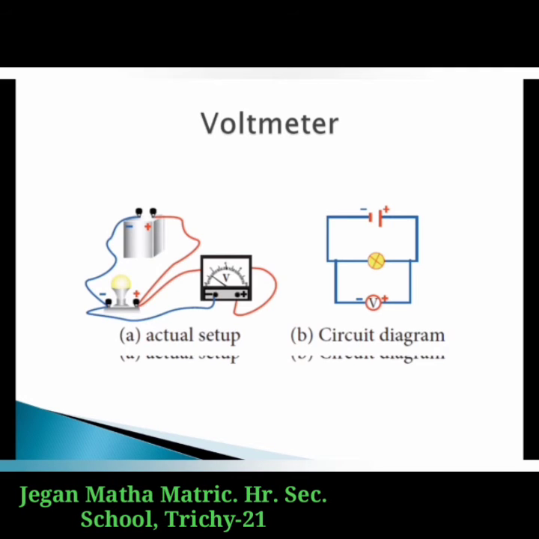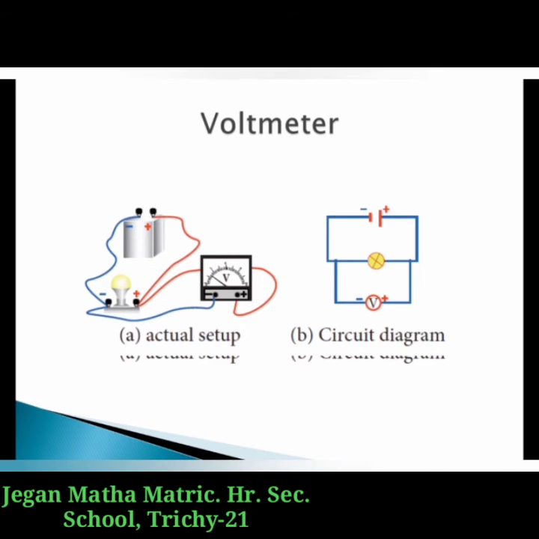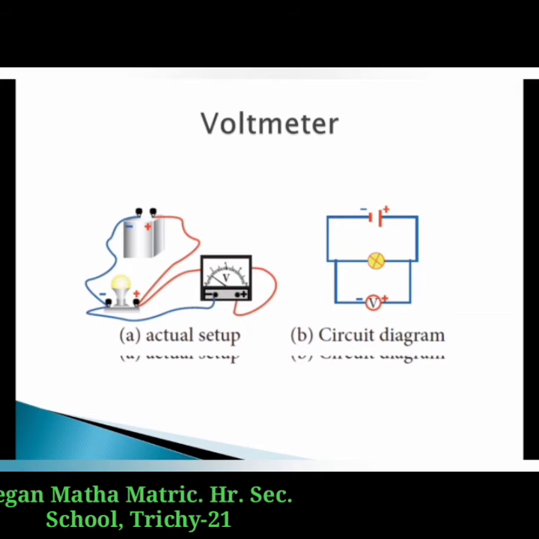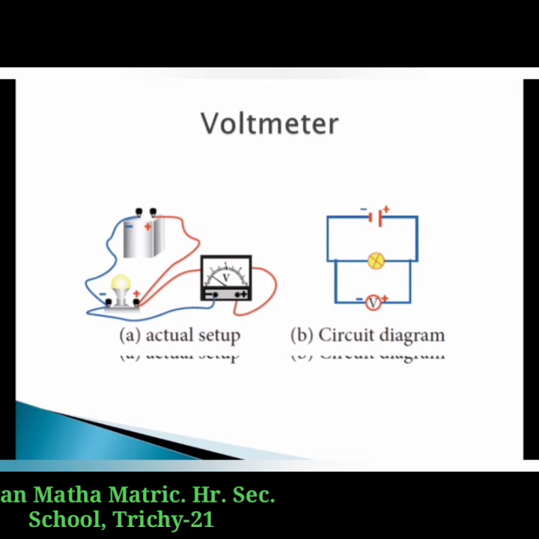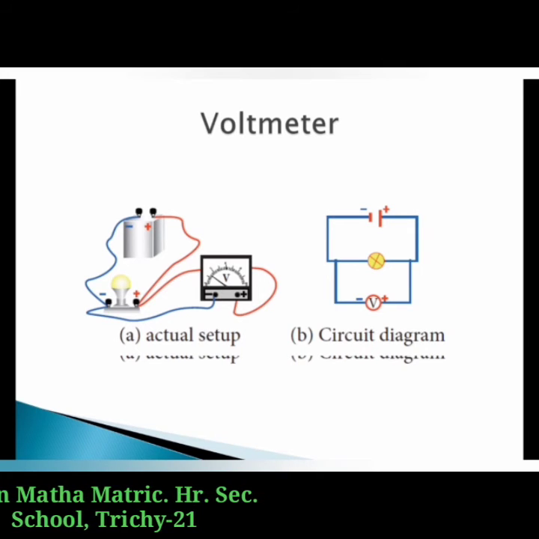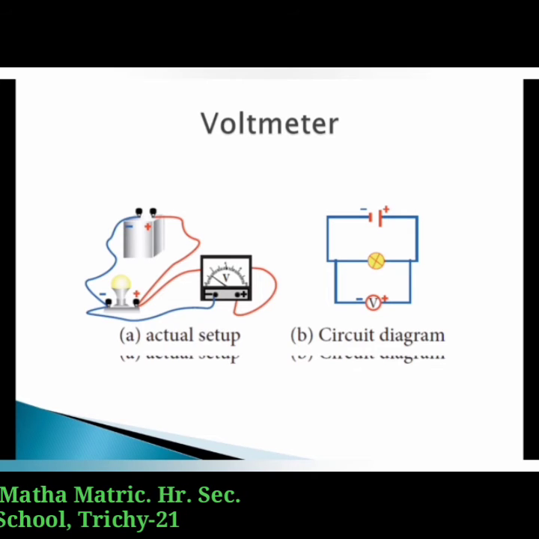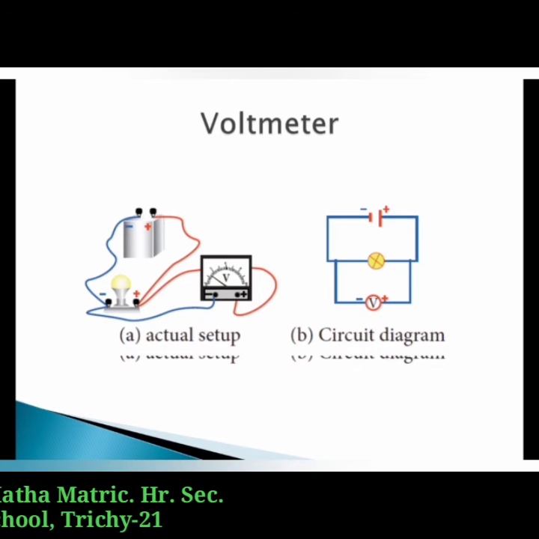Next, voltmeter. It is an instrument used to measure the potential difference. To measure the potential difference across a component in a circuit, the voltmeter must be connected in parallel to it. See, it is connected in parallel in the circuit.